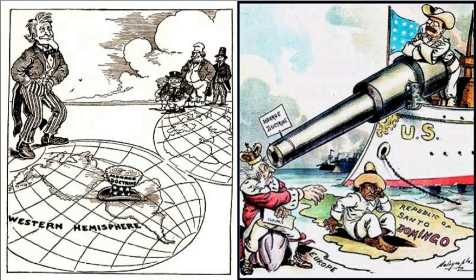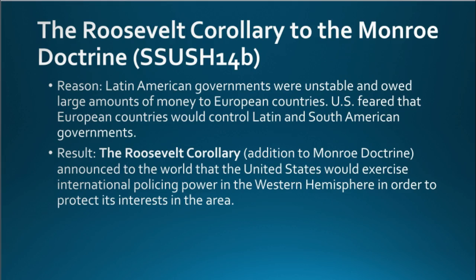As you see the Monroe Doctrine in the image on the left, on the right, he's going to add a big stick, which the big stick was the U.S. Navy. As you can see, Theodore Roosevelt has a cannon pointing at European kings, saying that, hey, if you come over here and mess with Latin American countries, we will use force, but only when it's in the best interest of the United States of America.